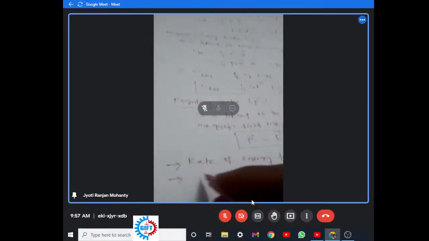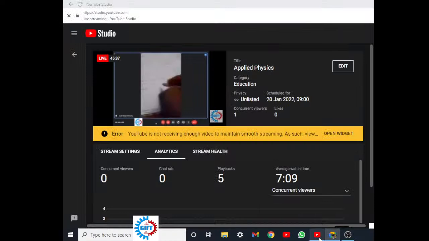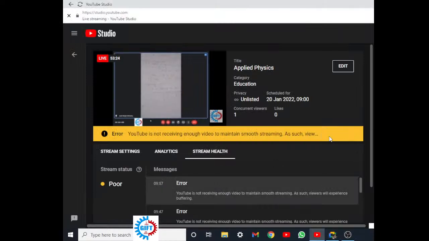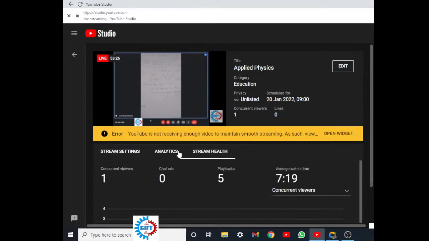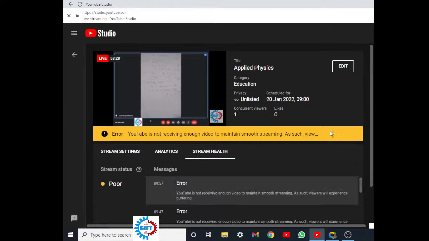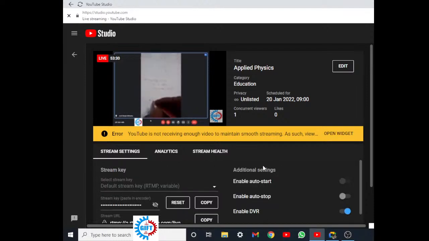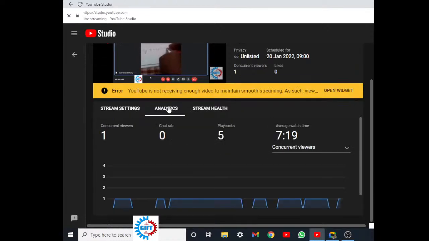Or we can say it measures the electrical power per unit area.